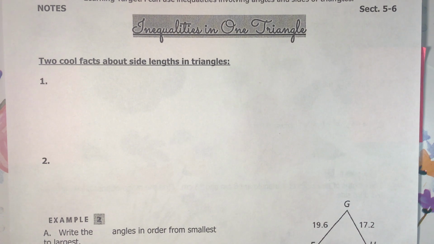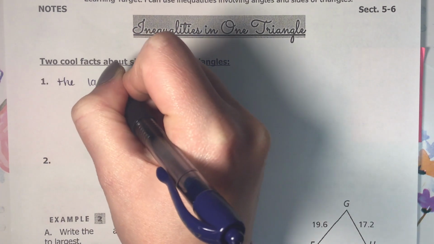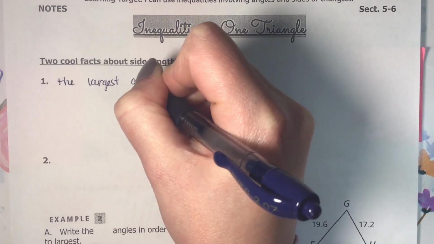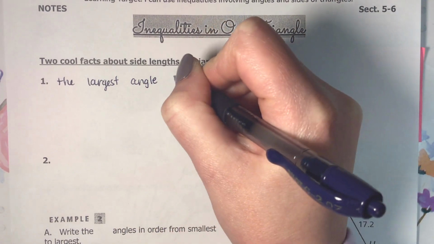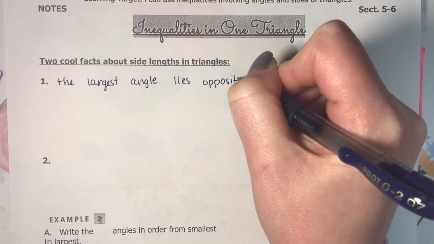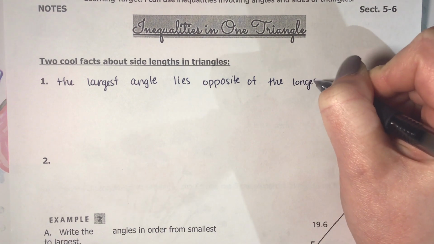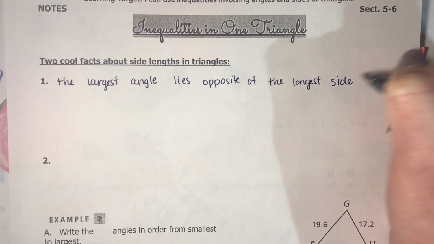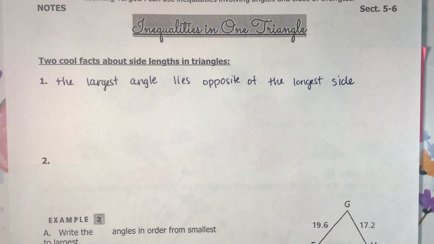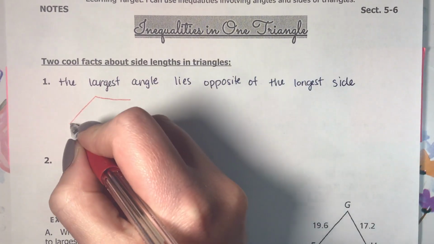So the first fact is the largest angle lies opposite of the longest side. So if I were to draw an image of that for you, let's say that we have a triangle right here.